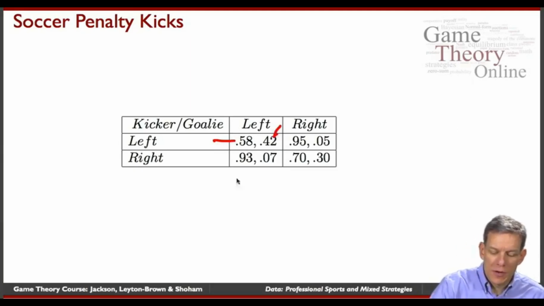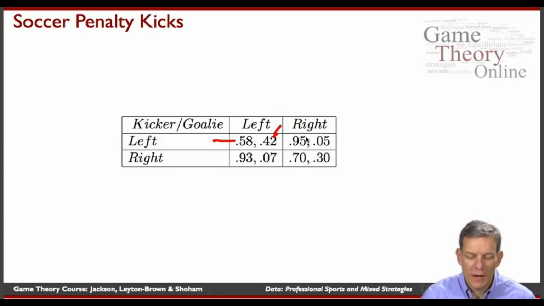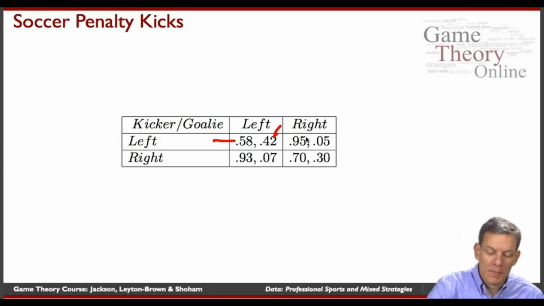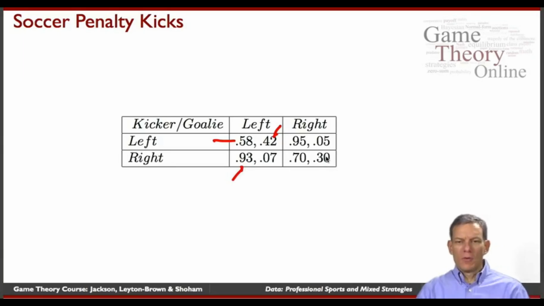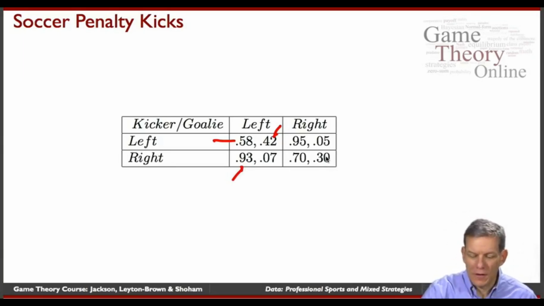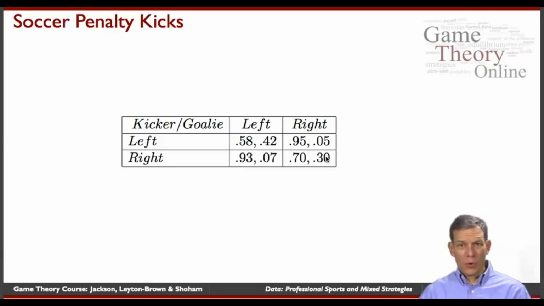In situations where the kicker goes left and the goalie goes right, the kicker wins 95% of the time. If the kicker goes right and the goalie goes left, the kicker wins 93% of the time, and so forth. So these are the actual numbers that Ignacio finds based on these recorded penalty kicks.